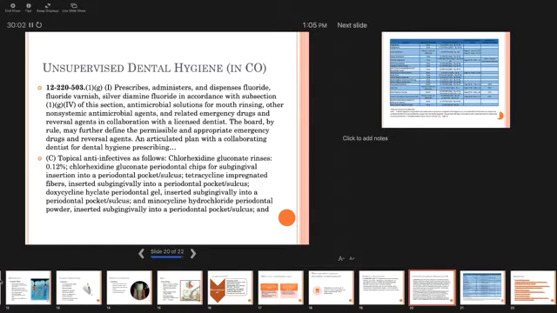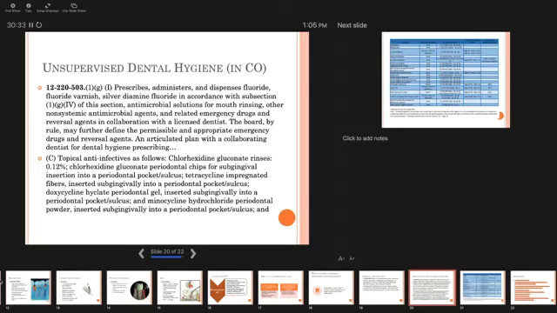So dental hygienists can prescribe, administer, and dispense things like fluoride, fluoride varnish, SDF, in accordance with this subsection that we will talk about, that also relates to antimicrobial solutions for mouth rinsing and other non-systemic antimicrobials.